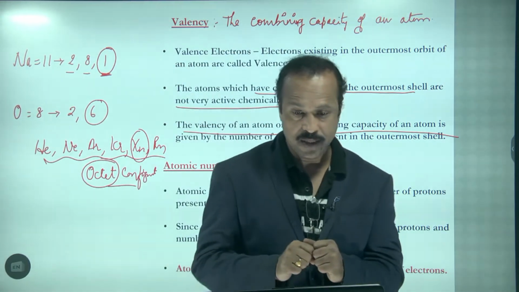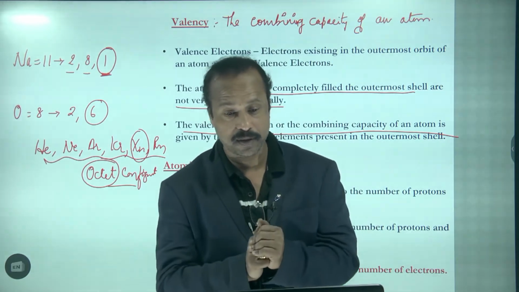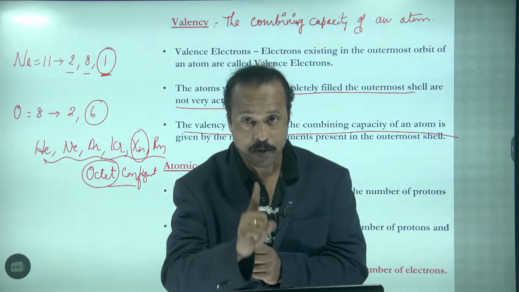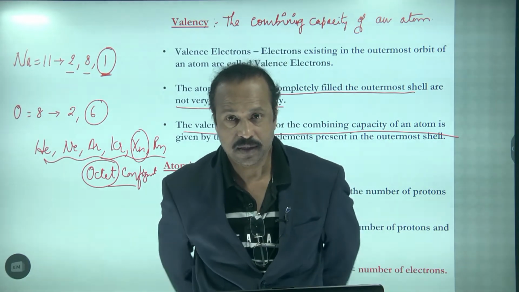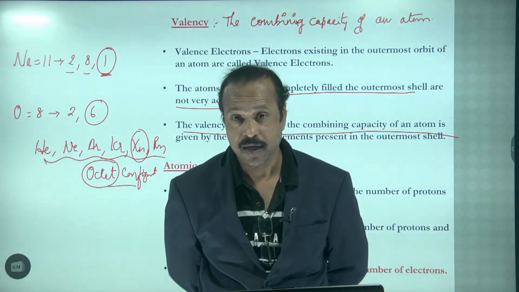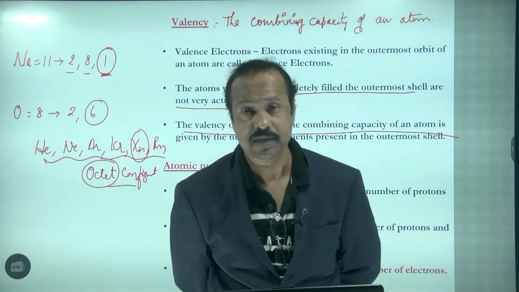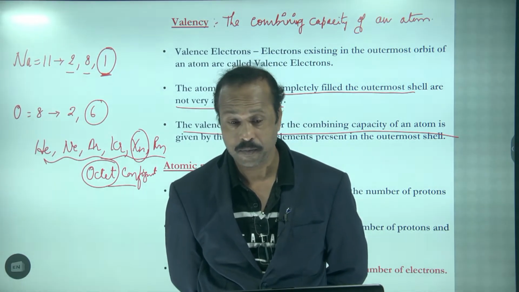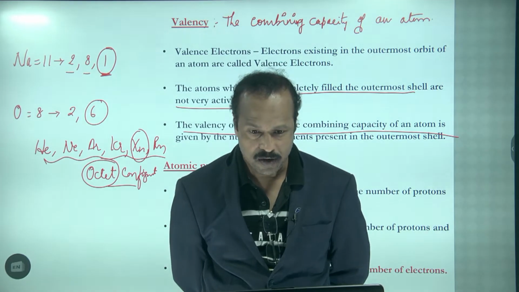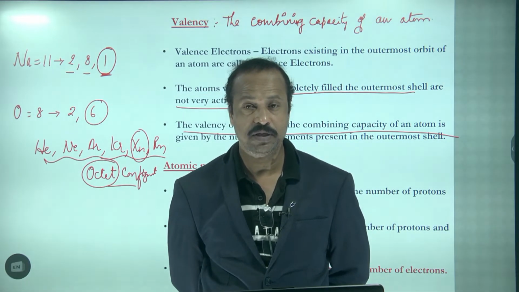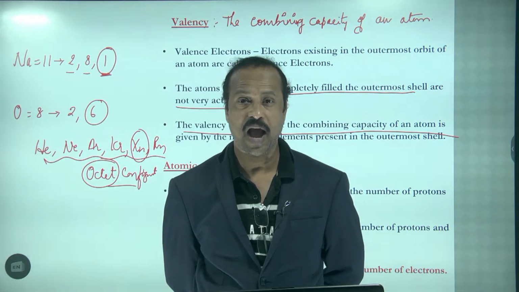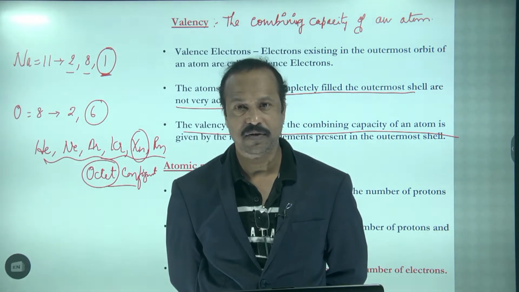Here the most important thing is that the chemical properties of the elements depend on the number of protons. Is this clear to you? This is very important. The chemical properties of the elements depend on what? The number of protons. If we say hydrogen, it has 1 proton. If any atom has 8 protons, that is definitely oxygen.